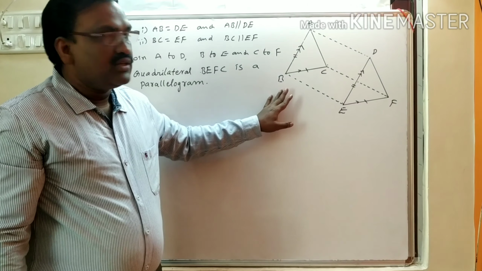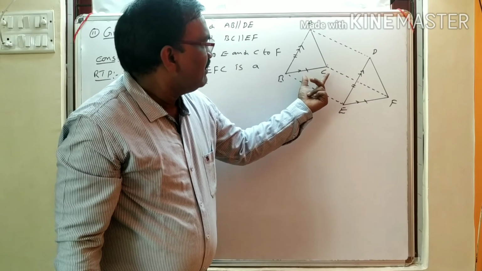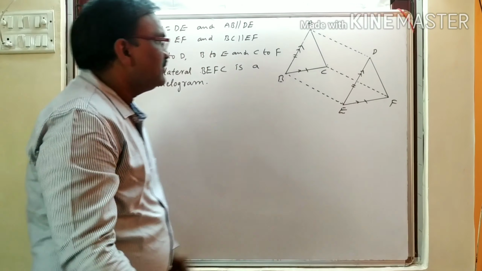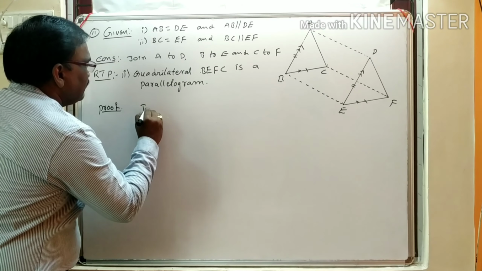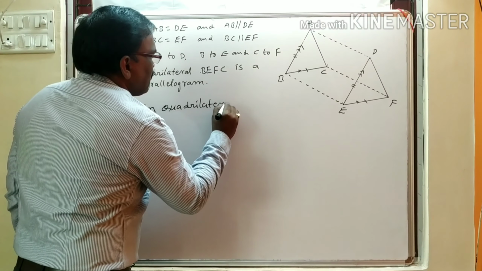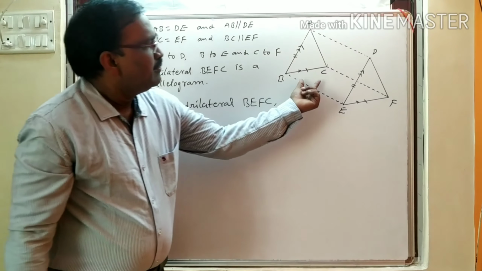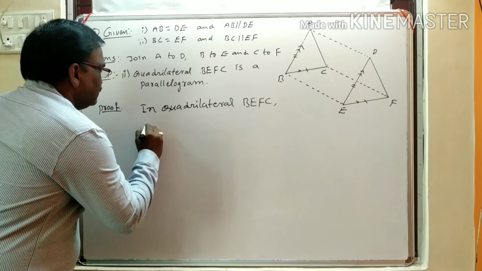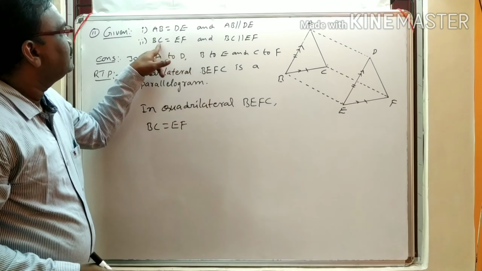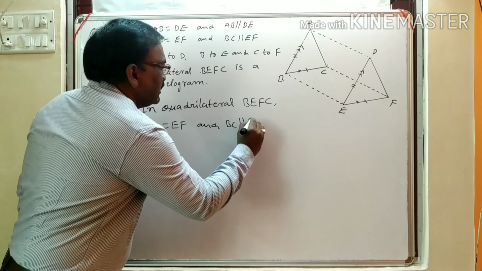Next, observe the quadrilateral BEFC. So given BC is equal to EF, and BC parallel to EF. In quadrilateral BEFC, BC is equal to EF and BC parallel to EF.